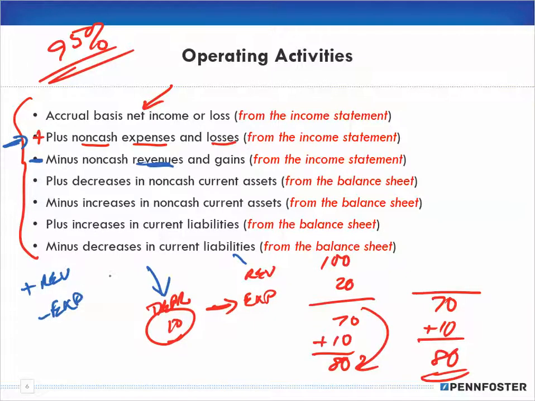But when we're adjusting for the cash position, we have to do the opposite. Since we added revenues, now we're going to subtract revenues. When we subtracted expenses before, now when we adjust for the cash position, we're going to add them back in, and that's why it's a plus for expenses and a minus for revenues.